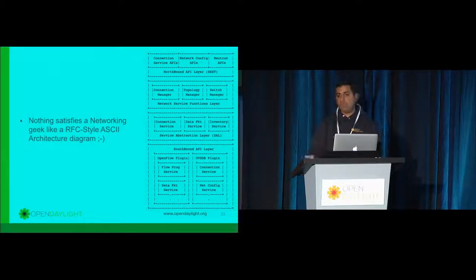While in MD-SAL, it's all Yang model-based. But at the end of the day, the idea of SAL is to abstract the services provided by the southbound plugins to the NSF layer on top, so that the network service functions can be written without any protocol-specific thing in mind. It can be protocol agnostic. So that's the hope. We achieved it to some extent so far, but we have a lot of work to do in that area.